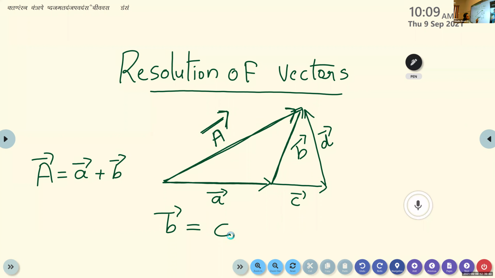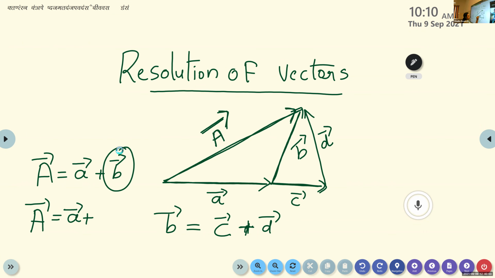Vector b is the sum of two more vectors. What are they? Yes, it's right. Vector c plus vector d. Right? Here the vector b is the sum of the two vectors, vector c plus vector d. So our equation becomes vector A is equal to small vector a plus, instead of b, we again further divide this vector b into smaller terms, that is vector c plus vector d.